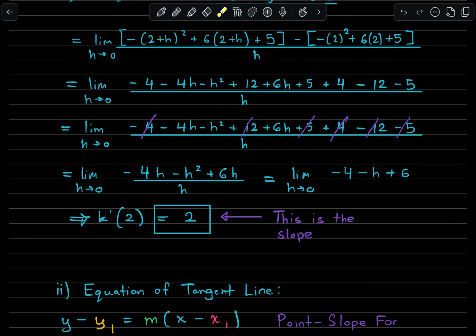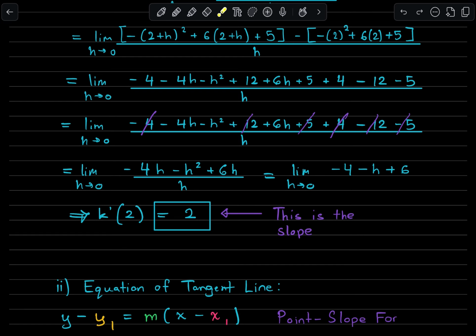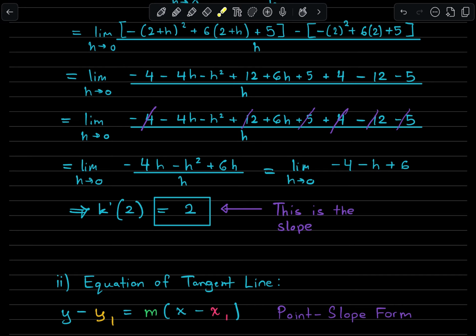Now we have to use something like the point slope form to find the equation of the tangent line. So point slope form is y minus y1 is equal to m times the quantity x minus x1.